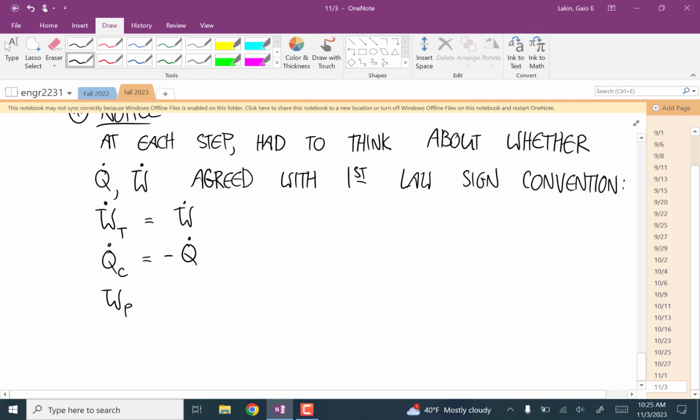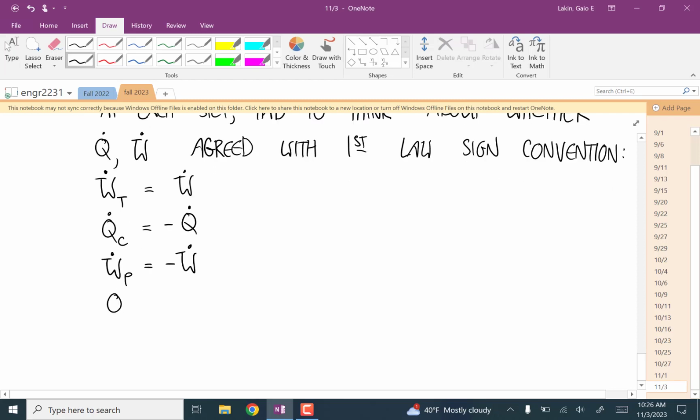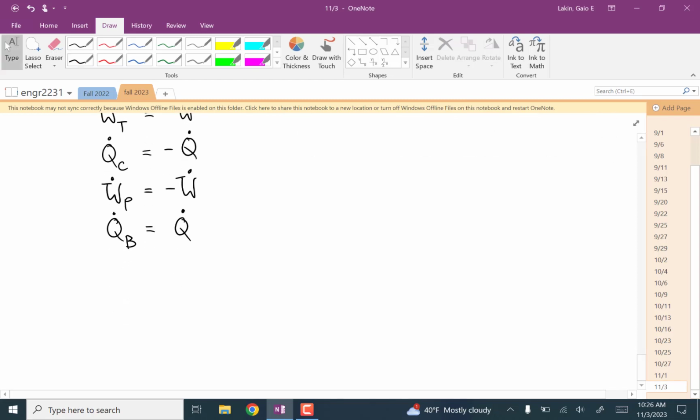The work for the pump was negative W dot from the first law. And then Q dot for the boiler was equal to Q dot from the first law. These were the ones from the first law for control volumes.